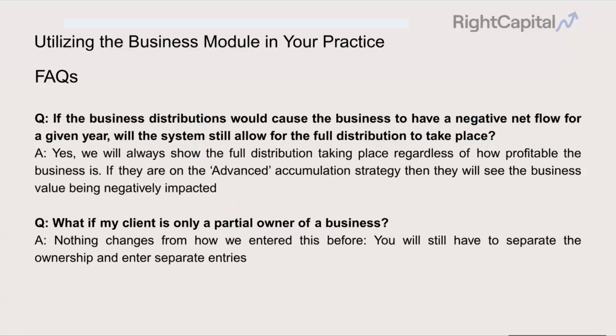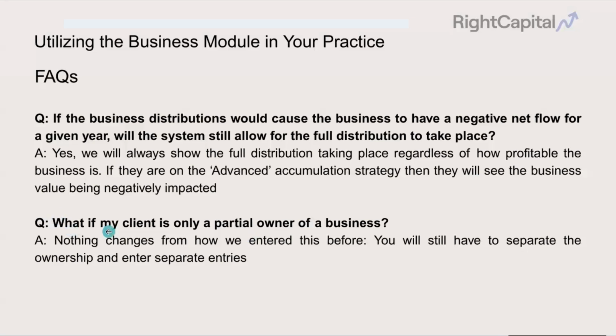If you are utilizing the advanced accumulation strategy in that value accumulation field, we will see the business value be negatively impacted within our details tab of the business module. When we track the business value, we will see that value negatively impacted.